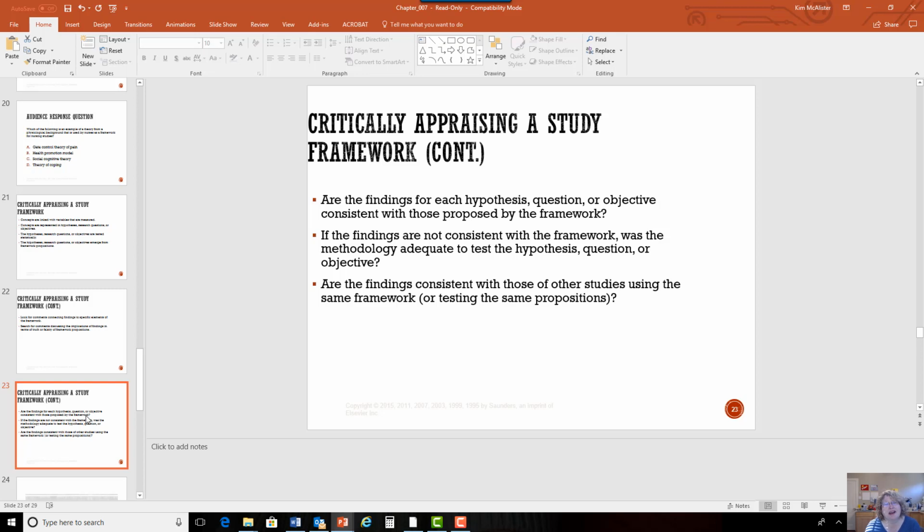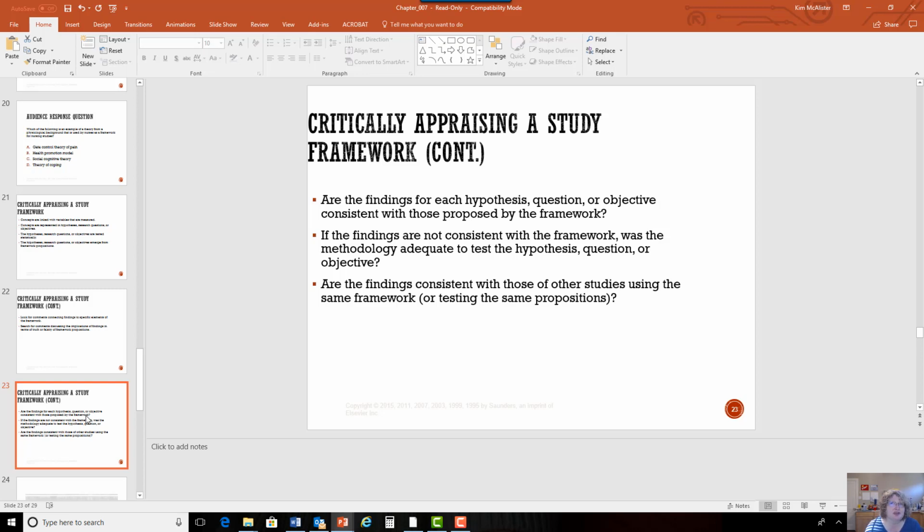Also, you want to look at whether or not the findings are consistent with the objectives and so forth in the study. If they're not consistent, look back at the methodology. Was there something wrong with the way the study was conducted that it couldn't test it? And then look at the consistency of the findings with other studies using the same framework.